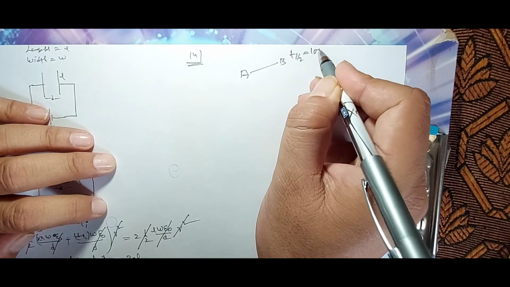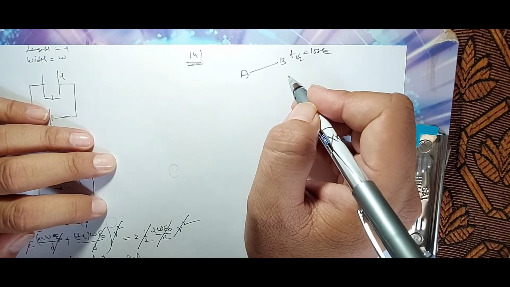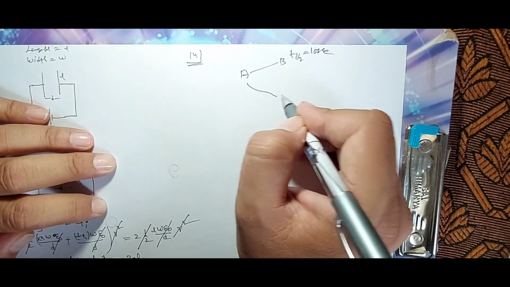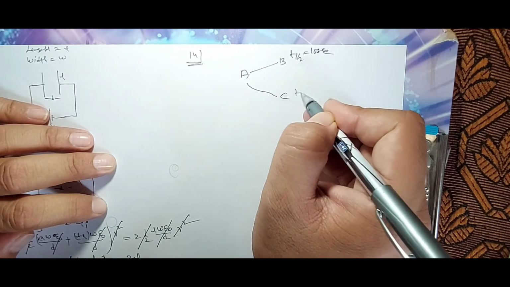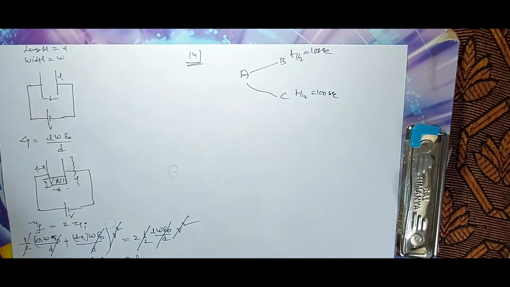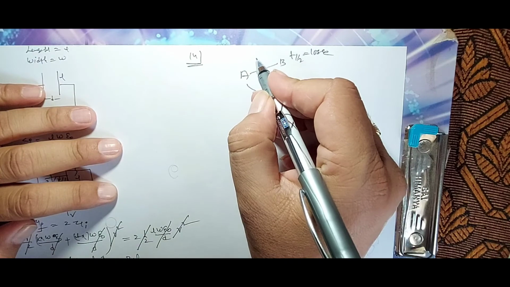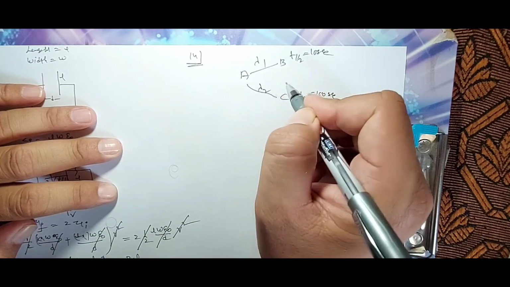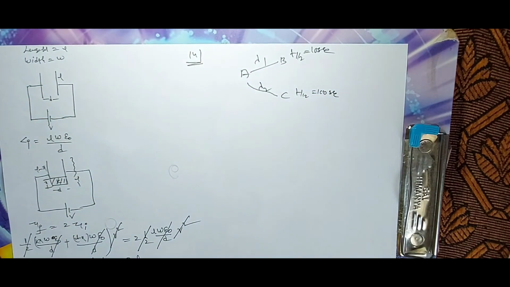T half is equal to 10 seconds. So, this also decays as C with half-life T half is equal to 100 seconds. This is called in radioactivity successive disintegration. So, the decay constant is lambda 1, and this decay constant is lambda 2.